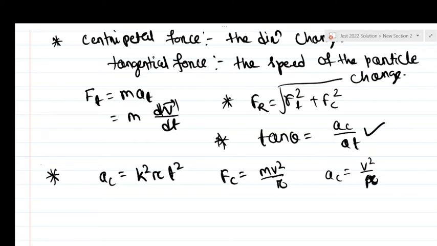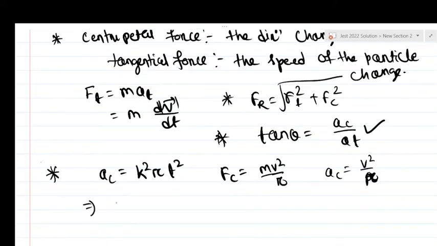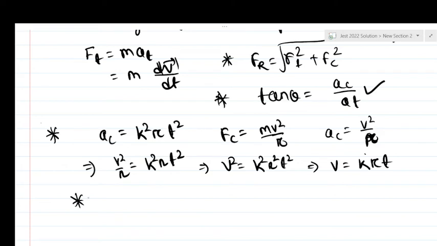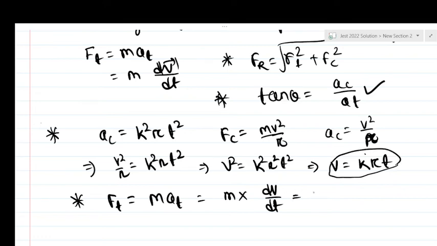From here you can find the v. So v square by r is equal to k square r t square. So v square will be k square r square t square. That implies v is equal to k r t. Then the tangential force is equal to mass into tangential acceleration, and the tangential acceleration is dv by dt. Here we have the velocity v, so the tangential force will be m k r.